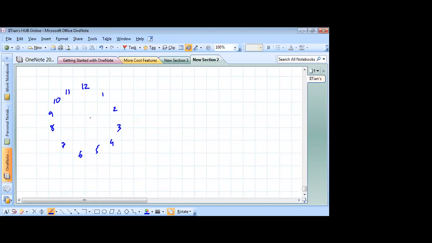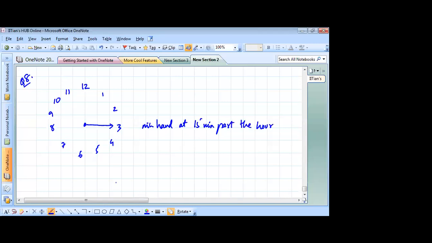Now the minute hand of a clock, when it is 15 minutes past the hour, looks like this. This is the 8th question.